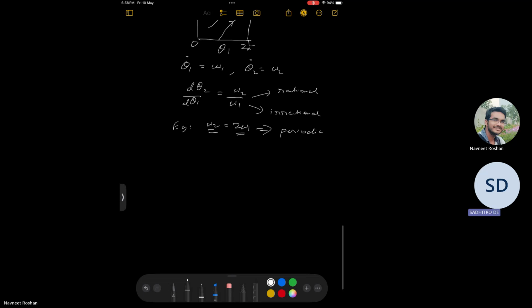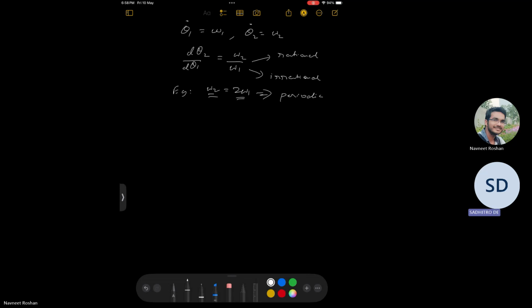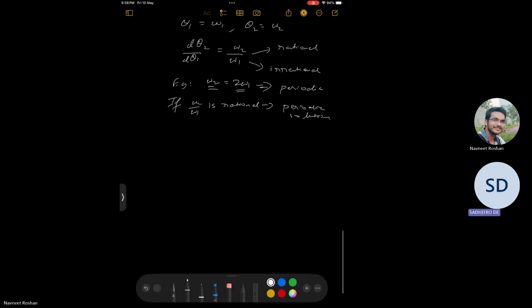So the thing is that if the ratio omega 2 by omega 1 is a rational number, then we have periodic solutions. And this periodic solution can also be mapped onto a square domain easily.